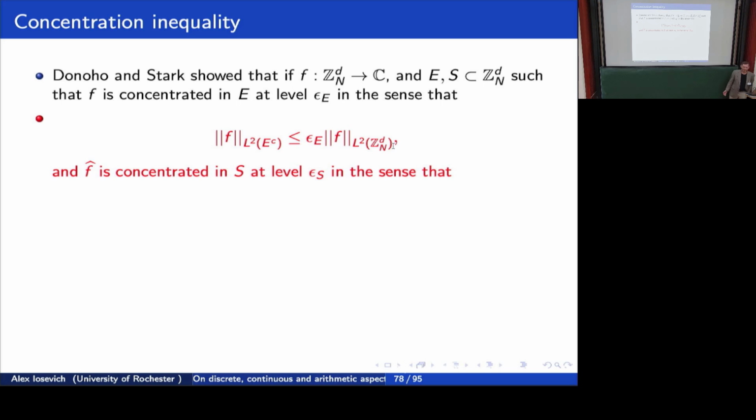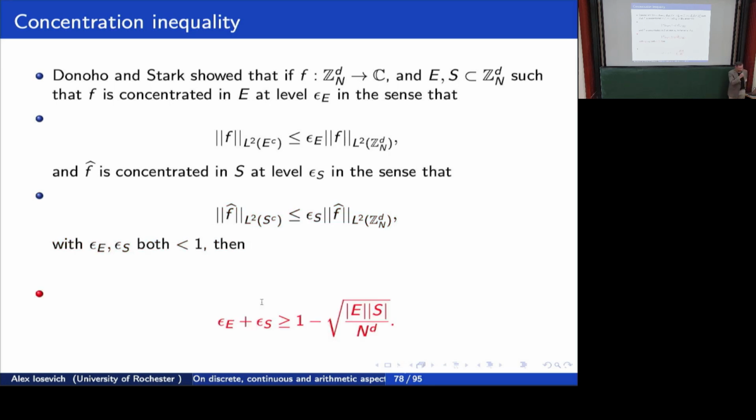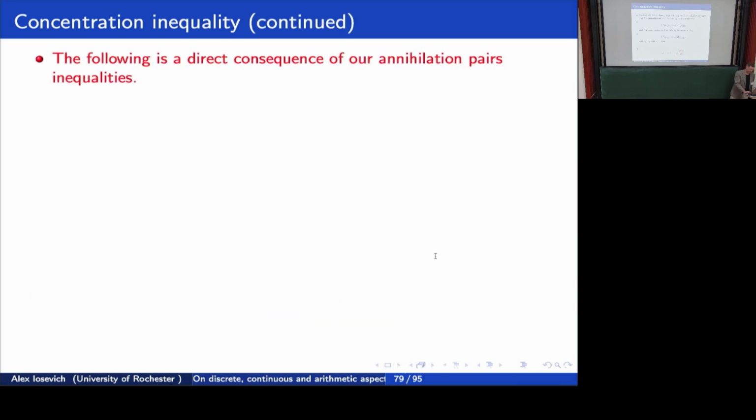This is the usual definition of concentration. And f hat is concentrated on S in the same sense, with constant epsilon_S, where both epsilon_E and epsilon_S are, of course, less than 1. Then we can deduce from the annihilation inequalities that epsilon_E plus epsilon_S is bounded from below by 1 minus the square root of the size of E times the size of S over N^d. So this is the Donoho-Stark result, okay?